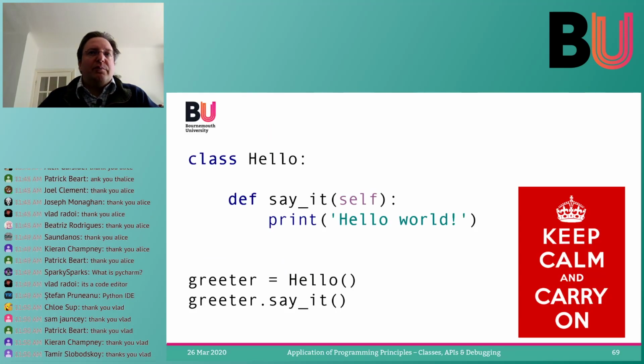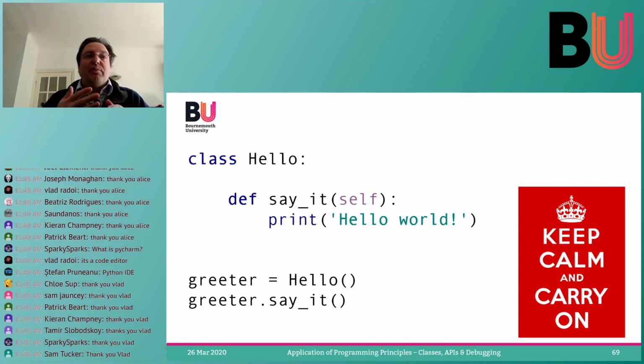So, for example, this is a class Hello. In this particular class we're trying to just put some code here. How does this work? We define a function called sayIt, and this has this self parameter. This self parameter is based on the idea that if we have an object and have a function in the object, we are passing along the object, so that the function knows the object it's being called on.